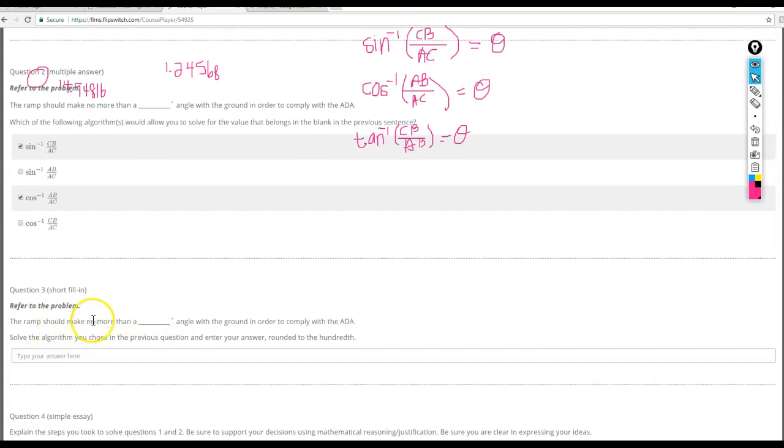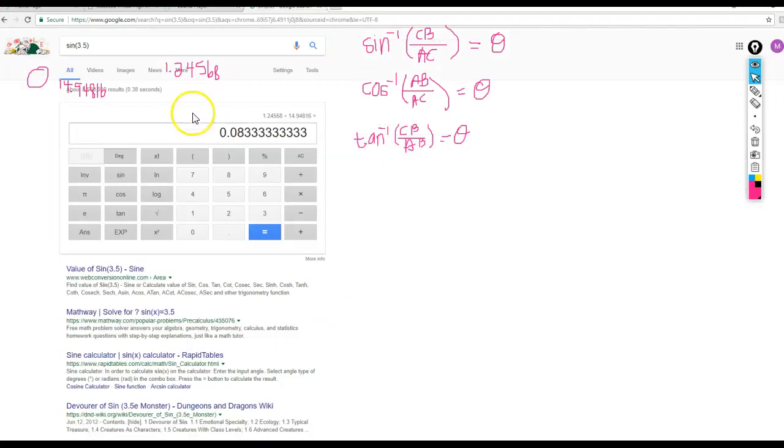Now, the ramp should make no more than a blank angle to the ground in order to comply with the ADA. Solve the algorithm you chose in the previous question and enter your answer rounded to the hundredth. So if we go back to our calculator, if you notice it has this inverse right here, we're going to have to click it, and then you'll see inverse, sine inverse, cosine inverse, and tangent inverse.